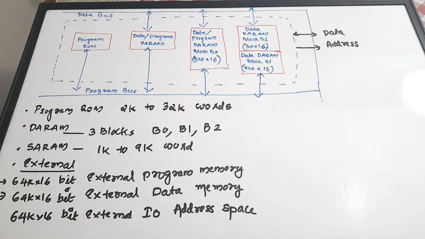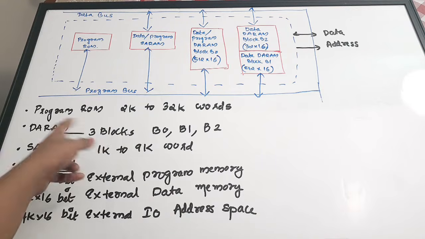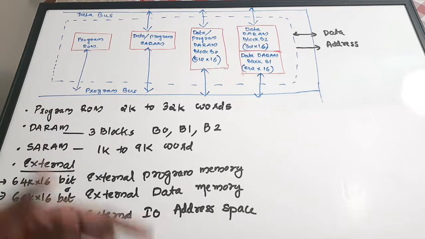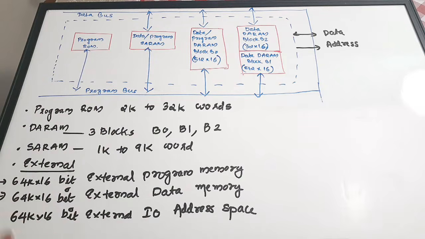This is a memory in which you can store either data or program, or a combination of both. So that is all about the SARAM. It is single access RAM and it can store either data or program or a combination.